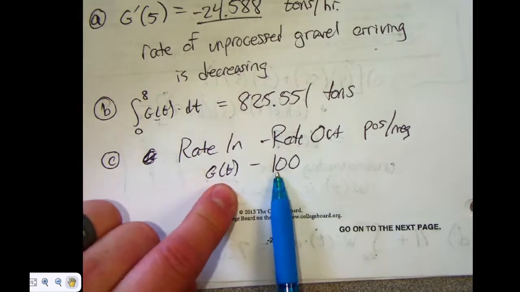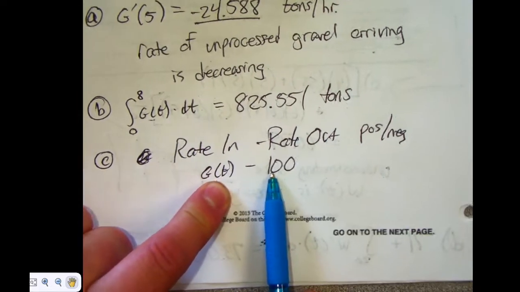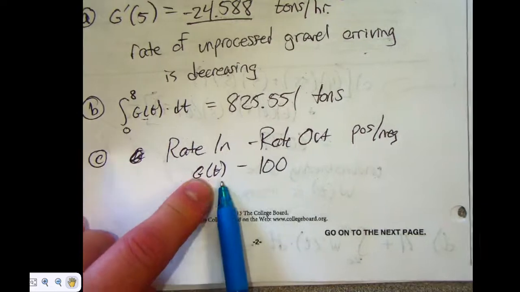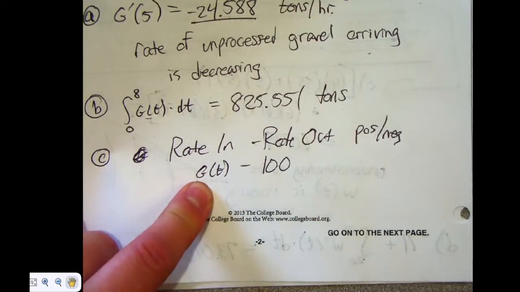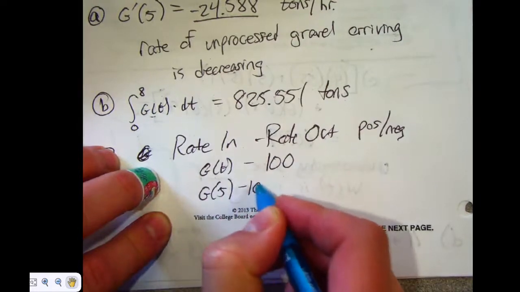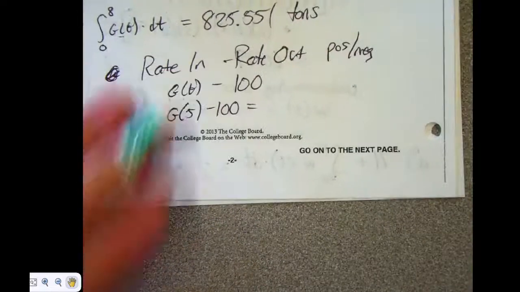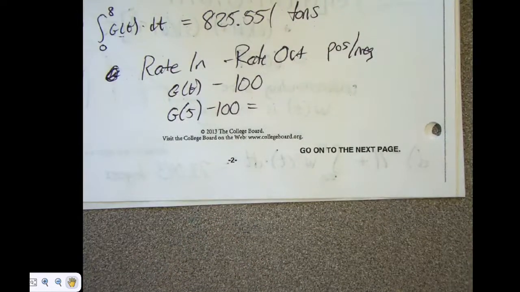So if this is positive, is the amount of unprocessed gravel increasing or decreasing? Increasing. And if this comes out negative, we're decreasing. So find G of 5. Again, you have your calculator. This is exactly why you have your calculator. So let's find G of 5.